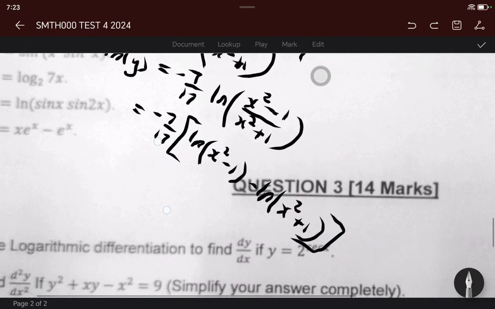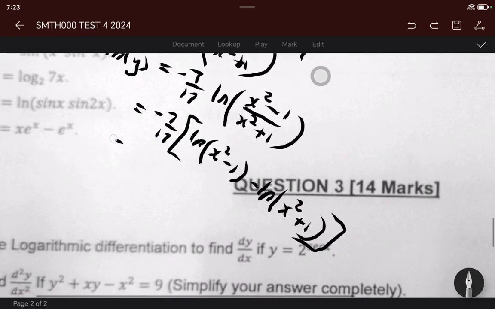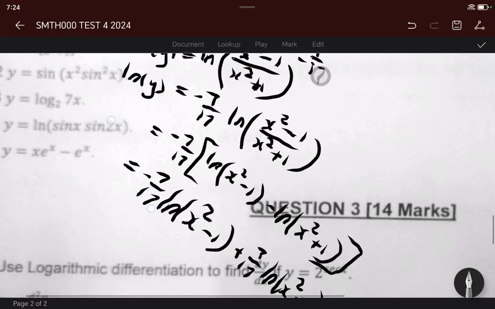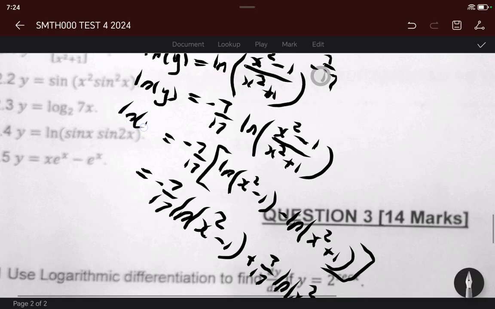So in this case, we see that this will just be negative 17 over 17 ln of x squared minus 1 plus 7 over 17 ln of x squared plus 1. So now I can introduce the derivative both sides.